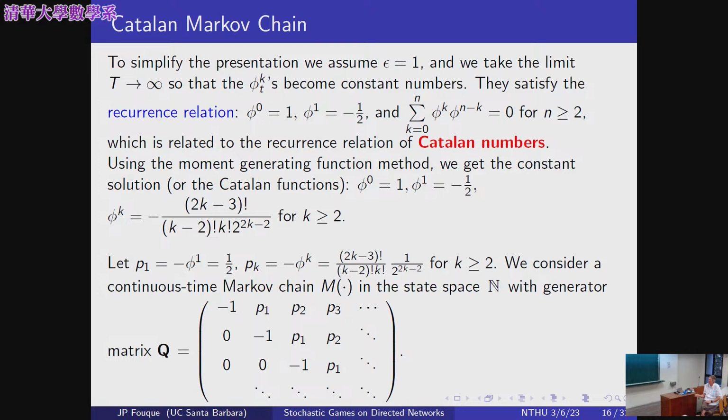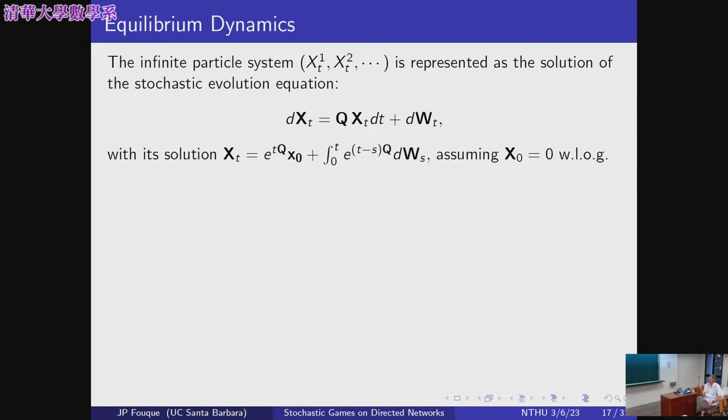P1 plus P2 and so on equals 1, the sum is 1, so that's a generator, right? And you can associate what we call, then we introduced that, the Catalan Markov chain. The Catalan Markov chain is exactly given by this. Here it's an infinite dimensional one in motion, and this is a Q matrix, so X is infinite dimensional, and that Q matrix is the one involving the Catalan numbers, and this is your equation. So it looks like an OU, and this is what we have.